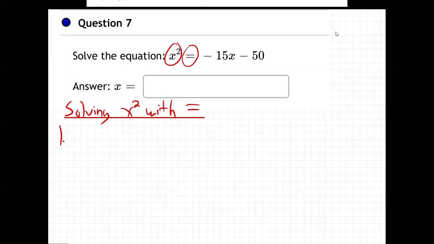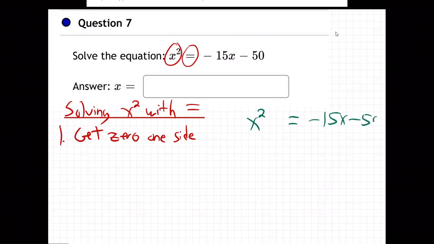Step number one, get a 0 on one side. Let me bring it over here. So we have x squared equals minus 15x minus 50.